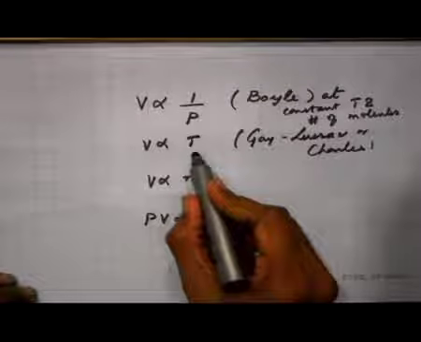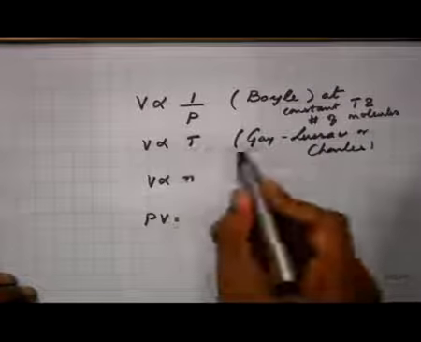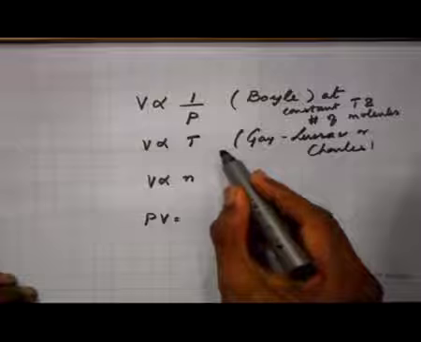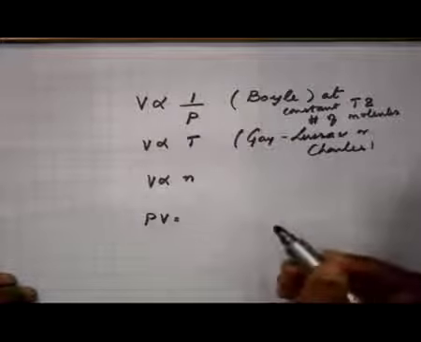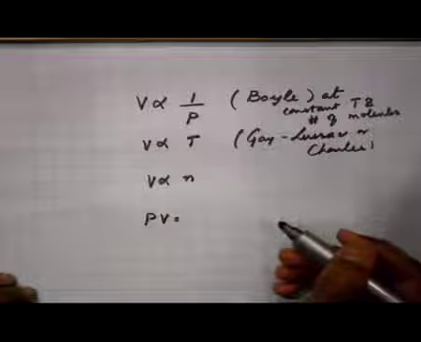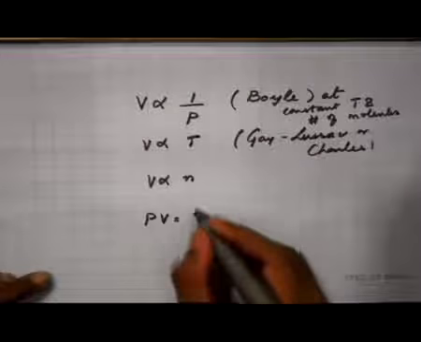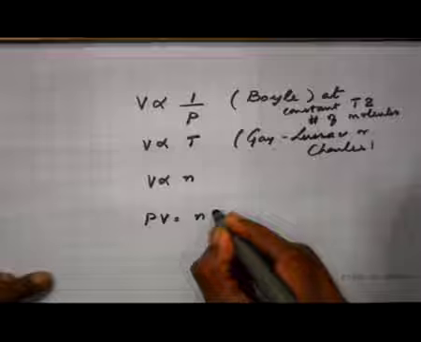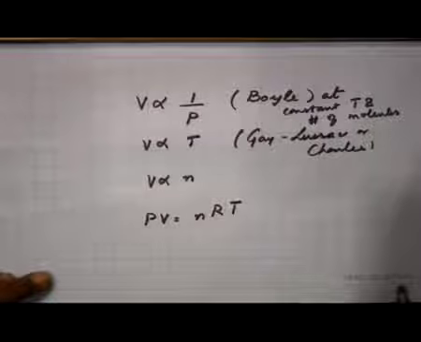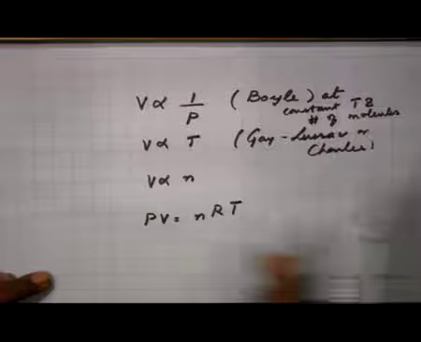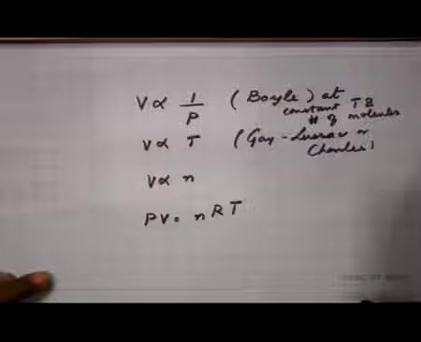V is proportional to T for all gases, say at the same pressure, and V is proportional to N according to Avogadro. If you put this all together, the mathematical derivation is there in the book. We get PV equals nRT. I am not going through the derivation because it is there in the book.